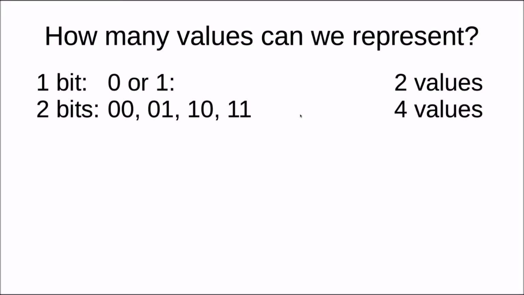When we have 2 bits, we can represent these 2 bits as 00, 01, 10, and 11. So we have a total of 1, 2, 3, 4 values that we can represent with 2 bits. What you'll notice maybe is that the least significant bit in these 2 bits is 0, 1, 0, 1. And the first 2 values here are prefixed with 0.